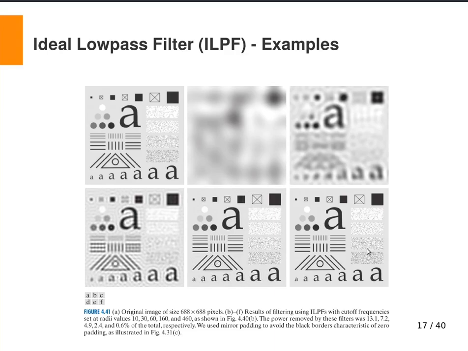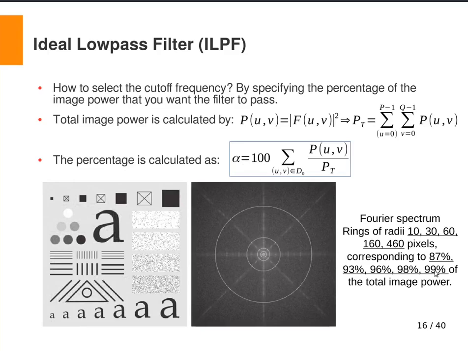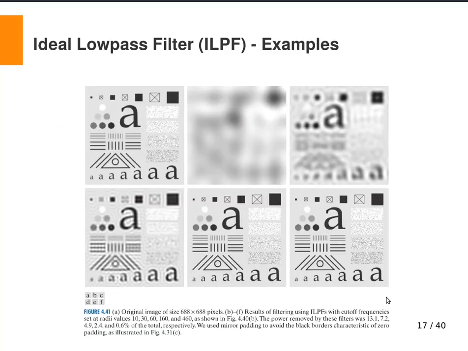So the first thing that you notice is that there is not much difference between D0 being 160 and D0 being 460. And if you refer to the percentages that we had, going from D0 160 to 460 basically does not change the amount of power that the filter passes.